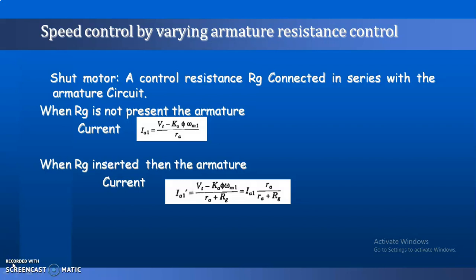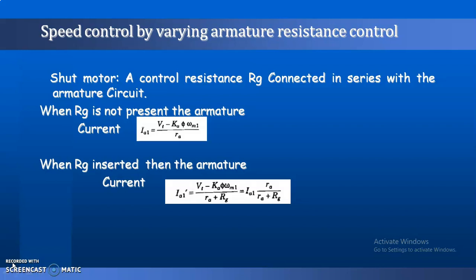Thus, for speed control at constant load torque, we can conclude that the armature current drawn from the supply is constant. Also, the power delivered from the supply to the motor does not change and remains constant whether external resistance is in the circuit or not.